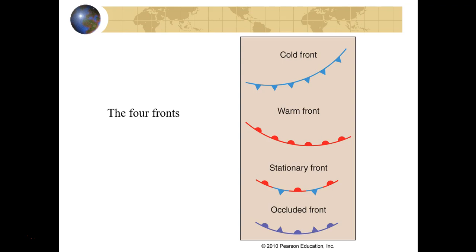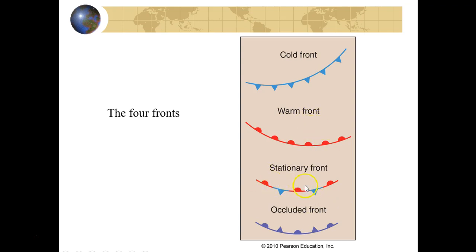We use symbology on weather maps with blue lines representing cold fronts, which is continental polar air. This means that on one side of this blue line is continental polar air, and generally on the other side, out in front of the blue line, is maritime tropical air. Then you have warm fronts, which means on either side of the line, behind the line is the maritime tropical air, and out in front of it is usually continental polar.